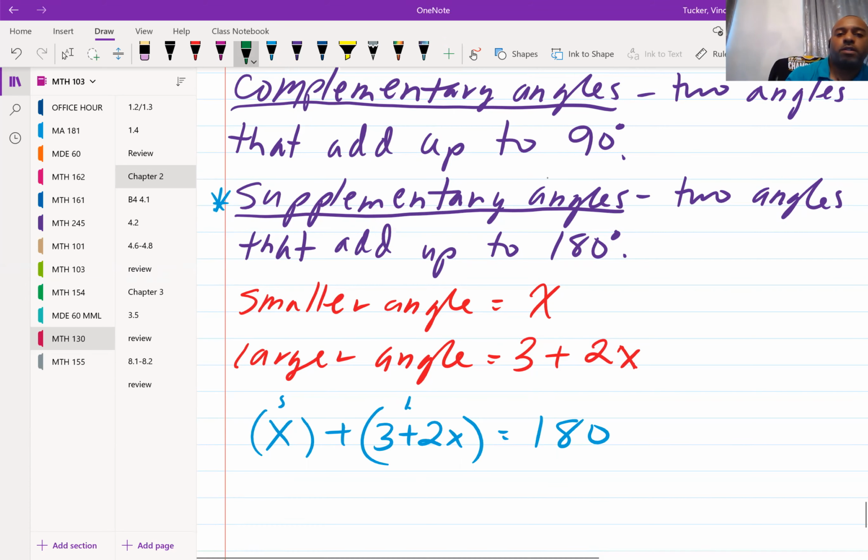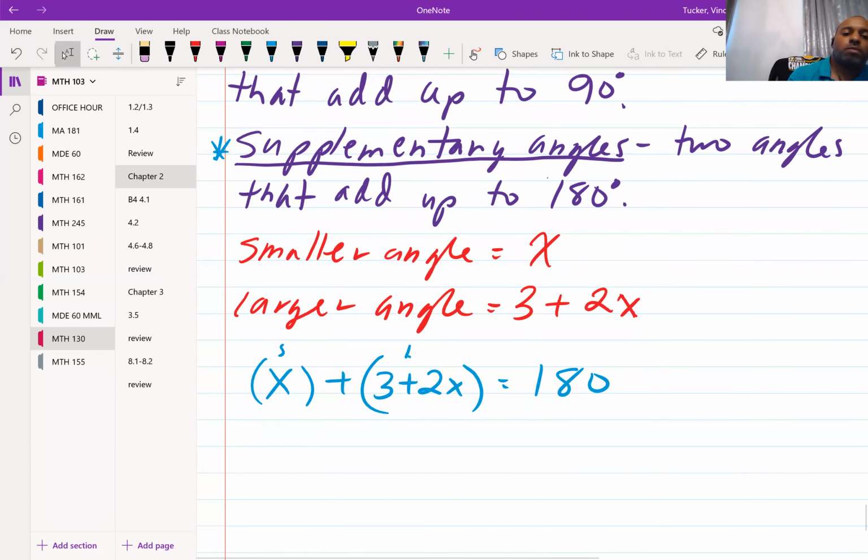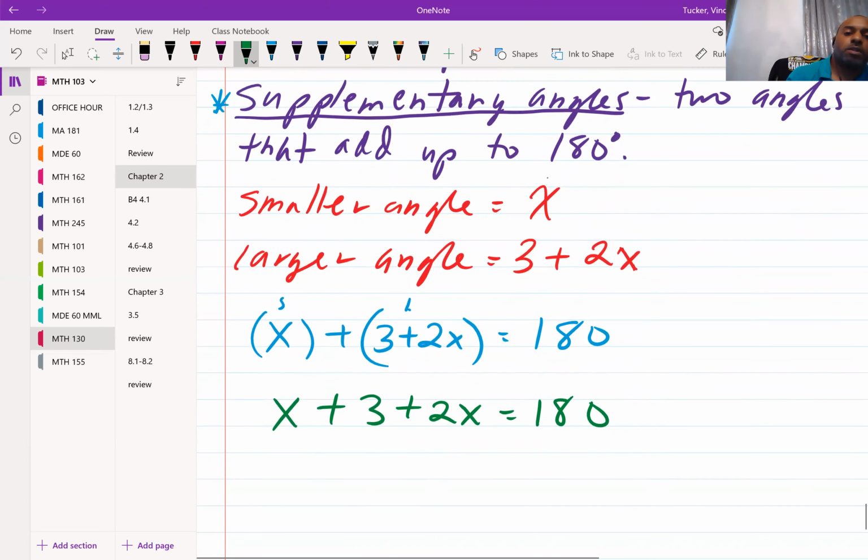We can go ahead and solve that now. Once again, nothing is holding those parentheses there. So we can go ahead and combine our like terms. X and 2x would be 3x. And so we have 3x plus 3 equal to 180.